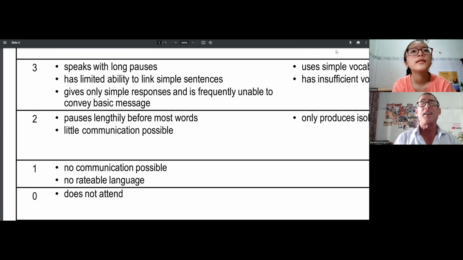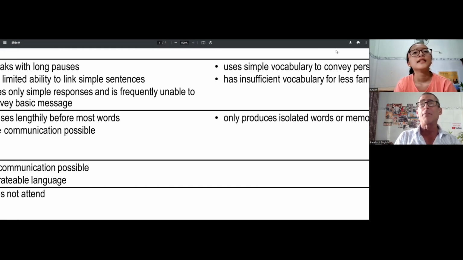They have to think about every word that comes out of their mouth. And that's a relatively low bandwidth. Again, I don't believe that you're there. You do pause sometimes, but we're going to see that that's in level three and that you have communication possible. So you're not in level two.